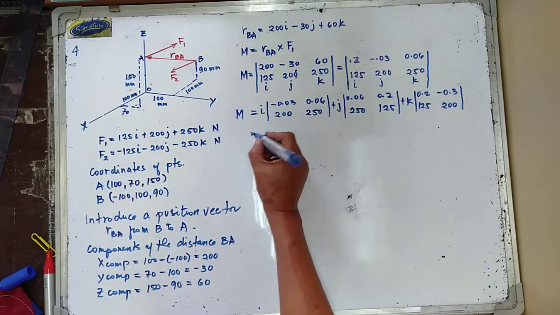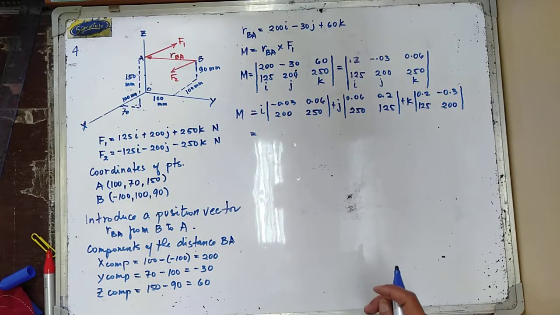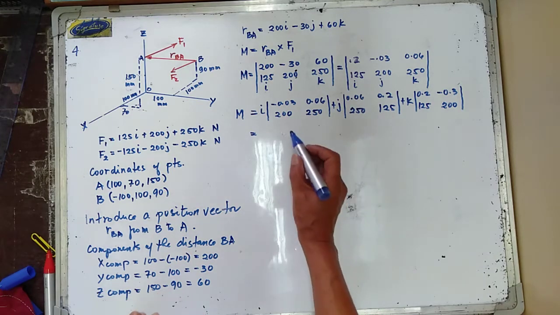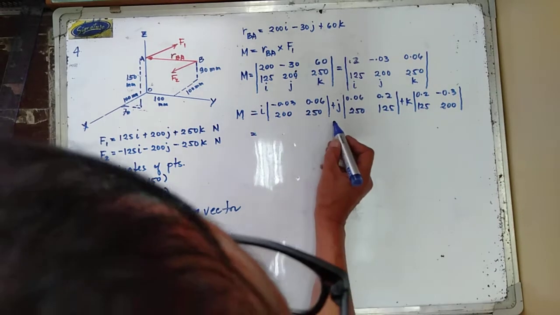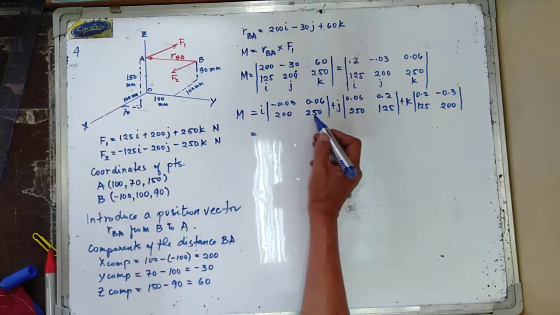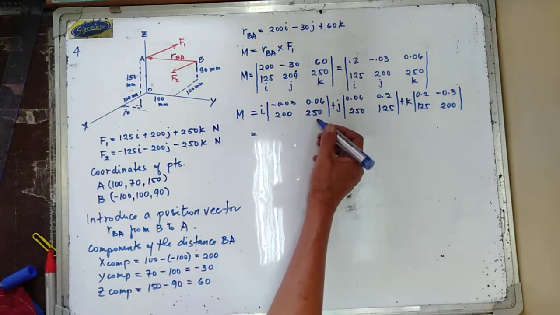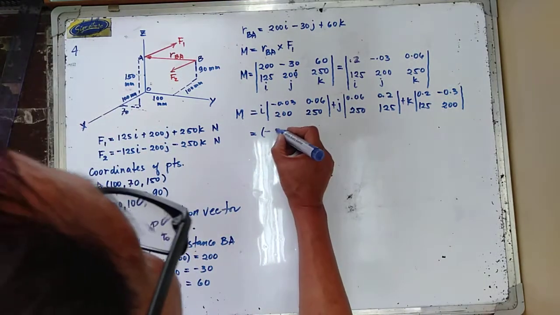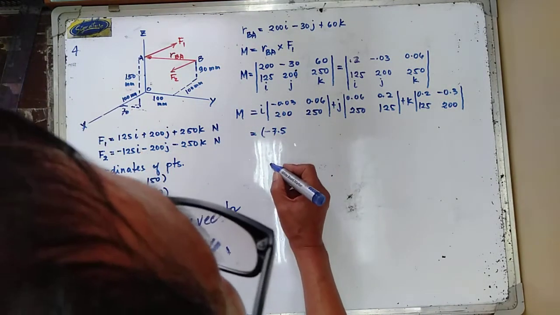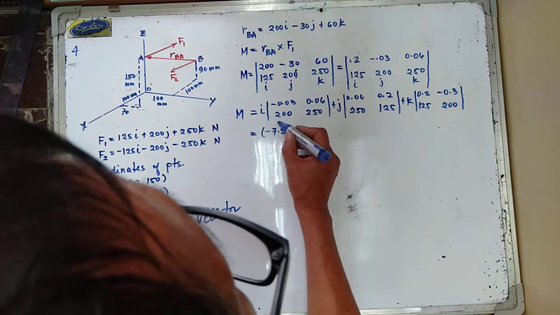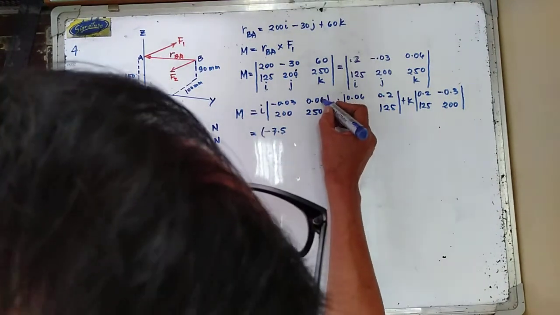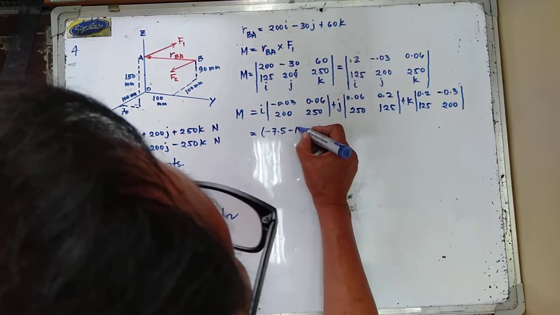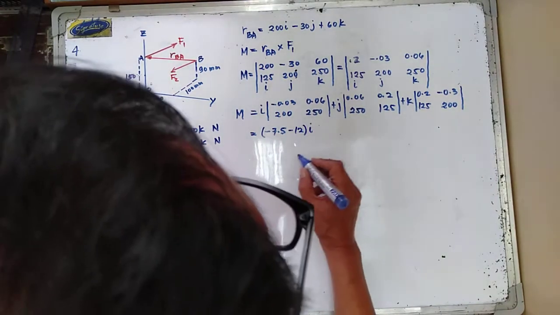So let us try to evaluate this one in here. Let's try to evaluate now your moment. So 0.03 by 250 is equal to minus 7.5, and 0.06 by 200 is 12, so we have negative 12 and this is now i.